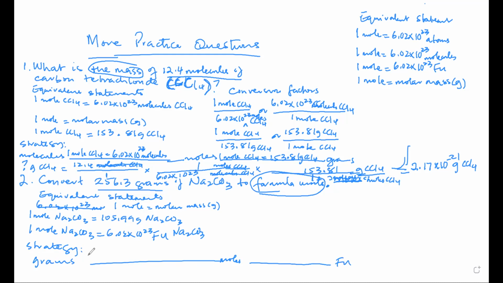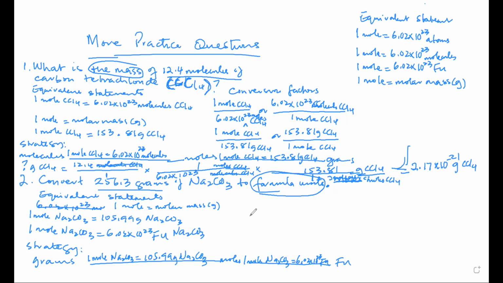So we have 1 mole of Na2CO3 equals the molar mass, 105.99 grams of sodium carbonate. And now 1 mole of sodium carbonate is equal to 6.02 times 10 to 23 formula units.